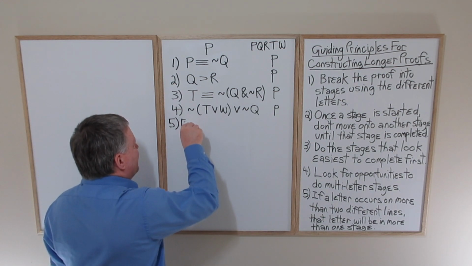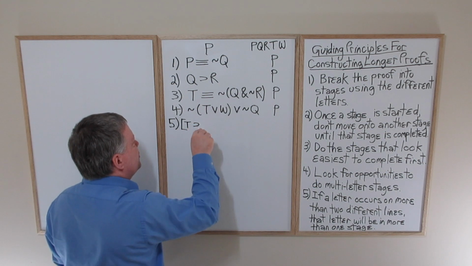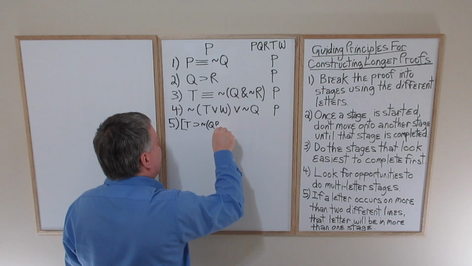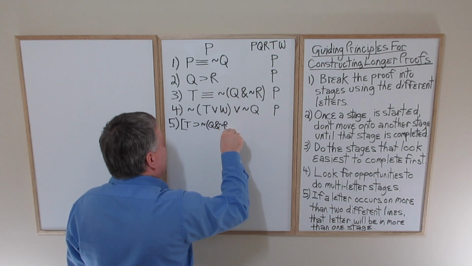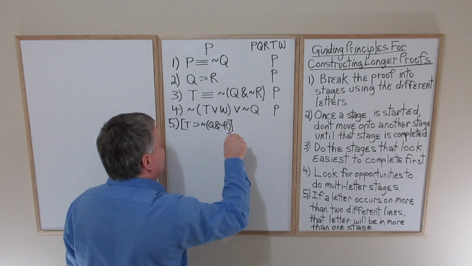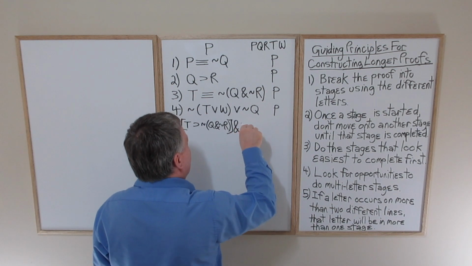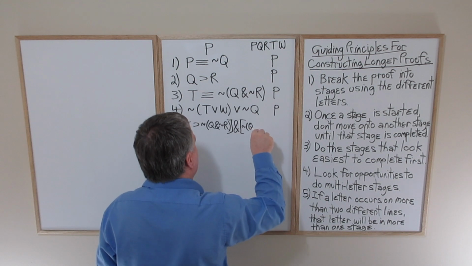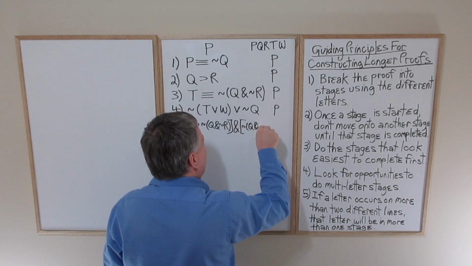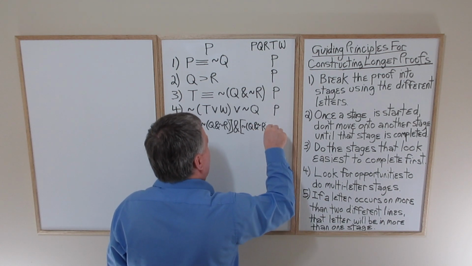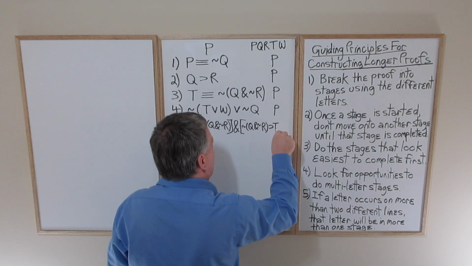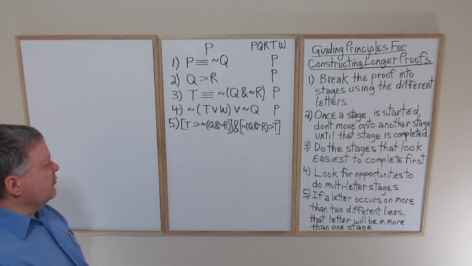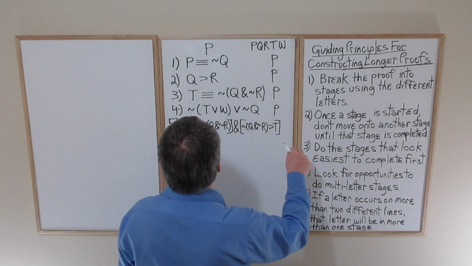So that'll give us T horseshoe tilde Q and tilde R, and tilde Q and tilde R horseshoe T. Didn't leave ourselves a lot of room for the justification.